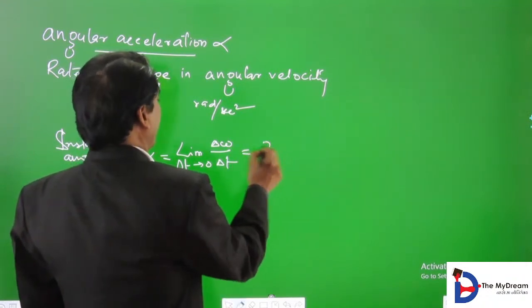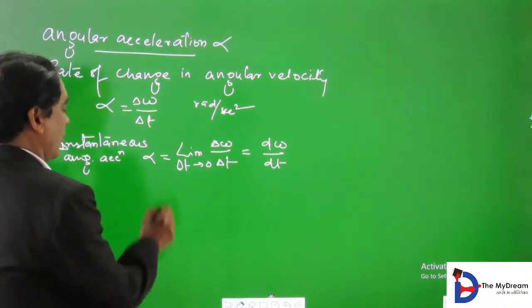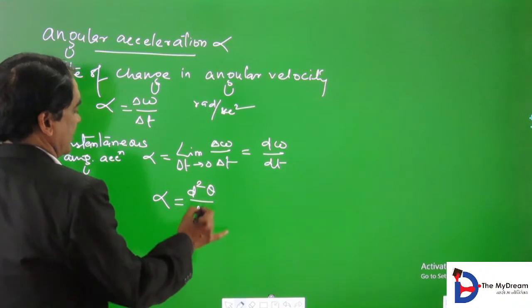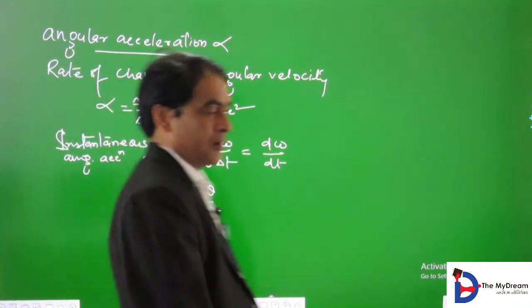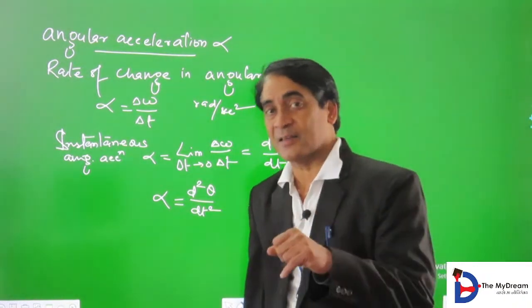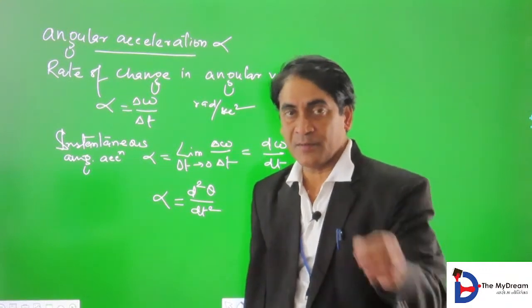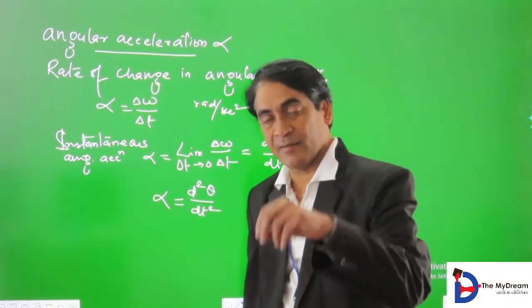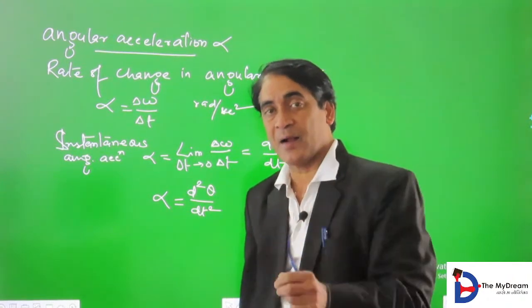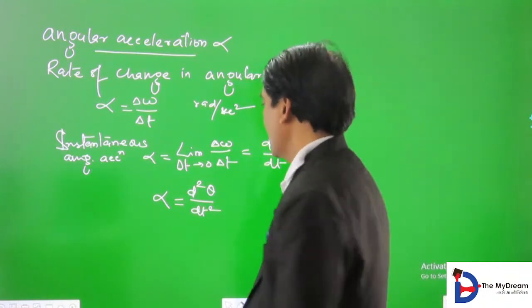That can be written as d omega by dt, or simply d square theta by dt square. It is also a vector quantity and the direction is given by the right hand screw rule. Either for the angular velocity or the angular acceleration, the direction is described by the right hand screw rule. Okay?